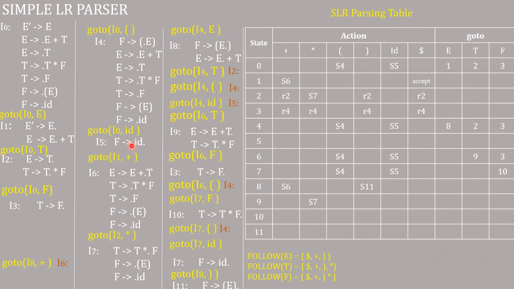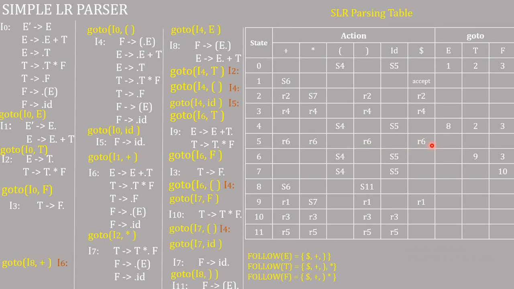Here we apply follow of F. What is follow of F? Dollar, plus, close bracket, then star. In these four fields, you can apply the reduce operation. Which production are you going to use? You're going to use the sixth production, that is R6. So you have applied R6.